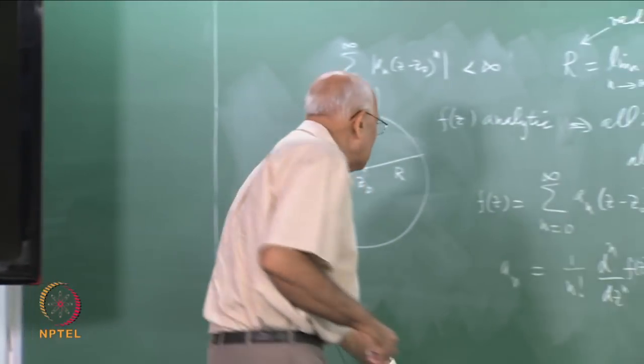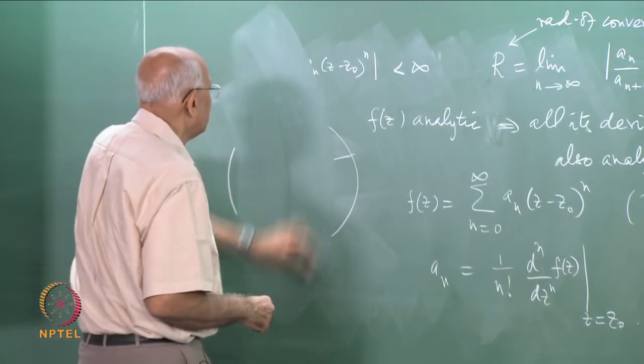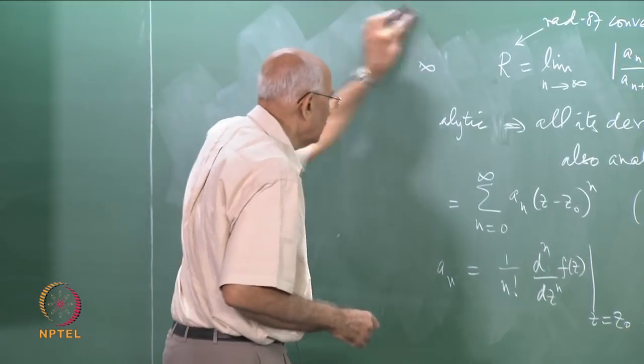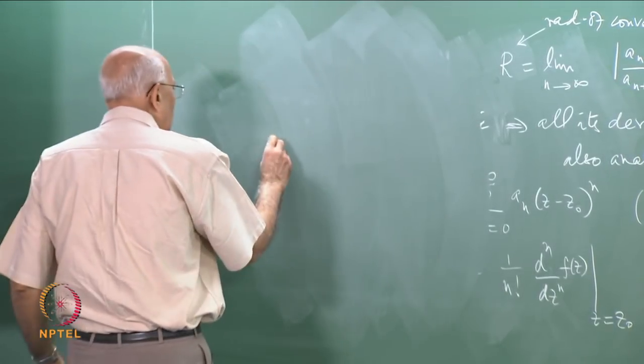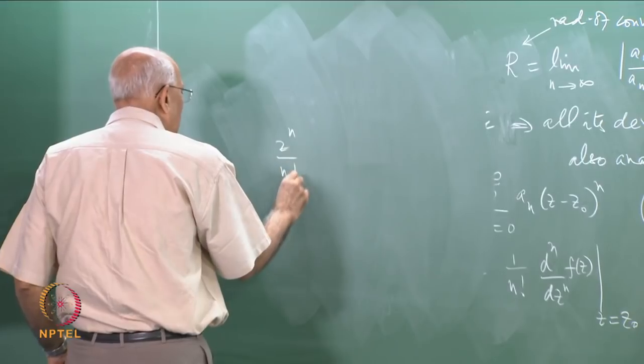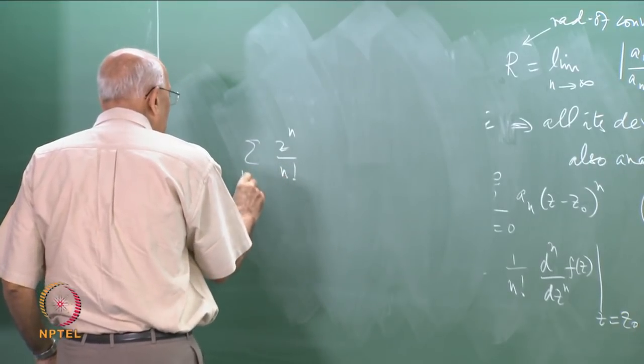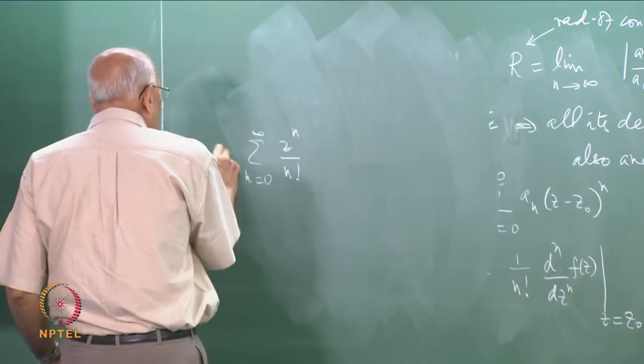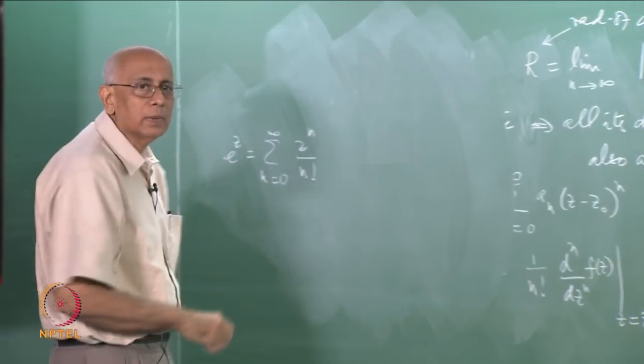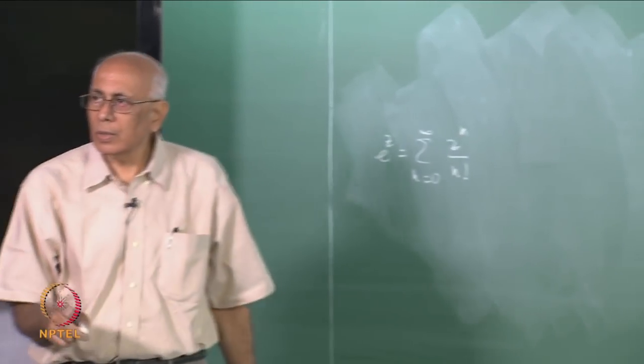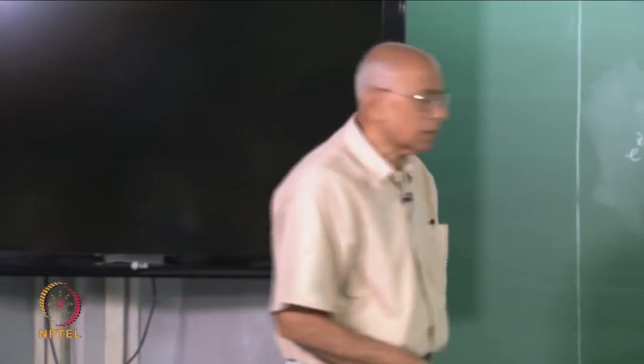What about this case, the exponential? So you have z to the power n over n factorial, summation n equal to 0 to infinity, that was e to the z. All you have to do is to do the ratio test in this case.